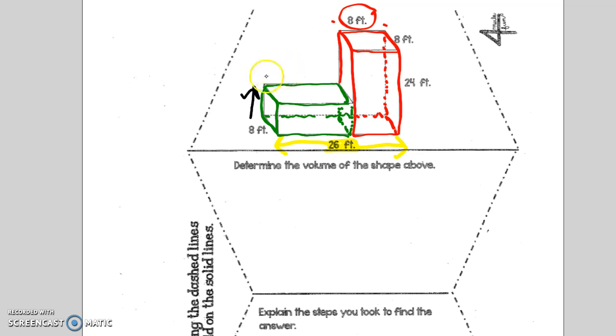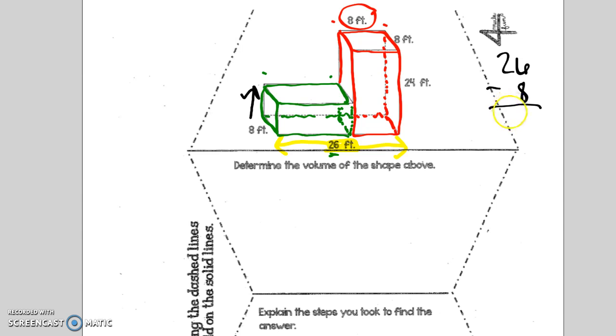That makes me wonder, what is the length of the green prism from left to right? Well, our grand total is 26, and I'm getting that from the bottom here. The right side, the red, is 8. If we take the total 26 and take the right side away, which is 8, that's going to leave us with the length of the left side.